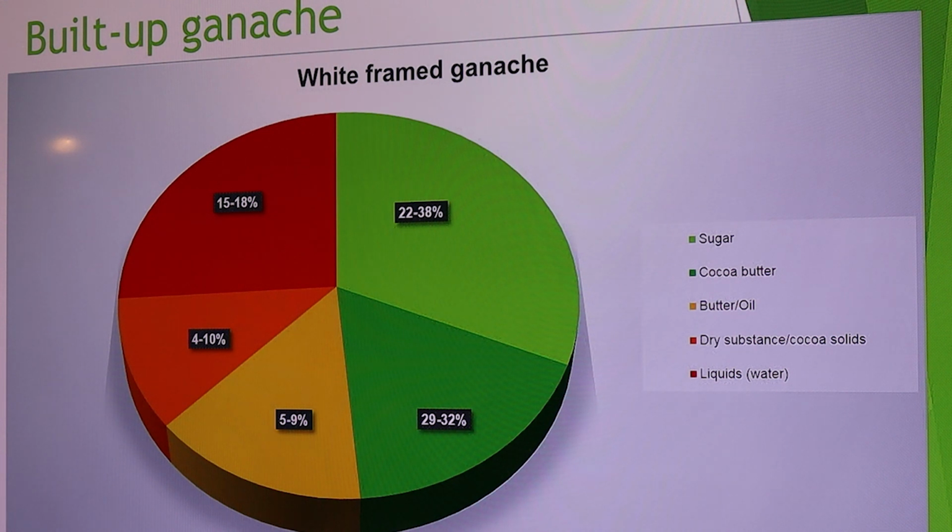A golden rule I always say is that we take 1/3 of soft fat and we have 2/3 of the hard fat. That's an easy golden rule to work with, because then we make sure that everything is aligned with the stability.